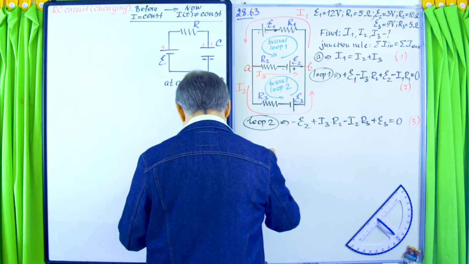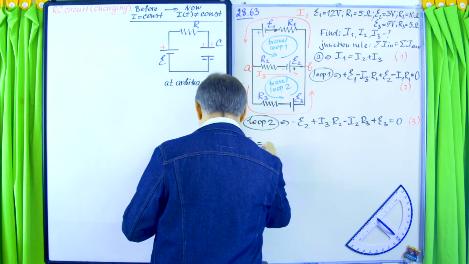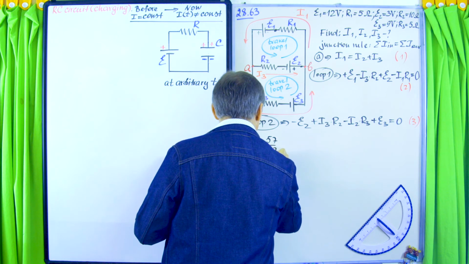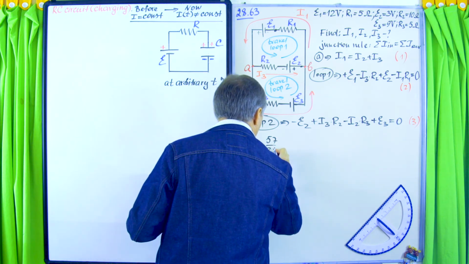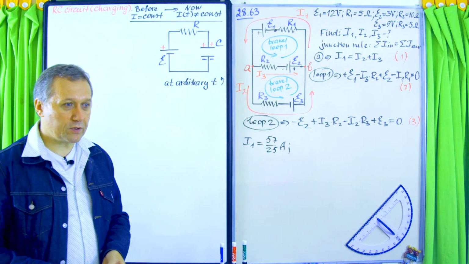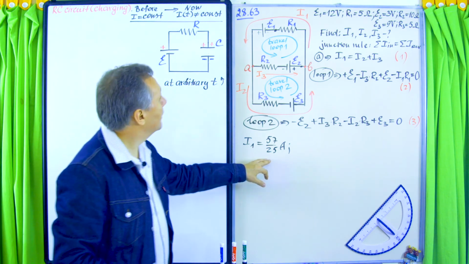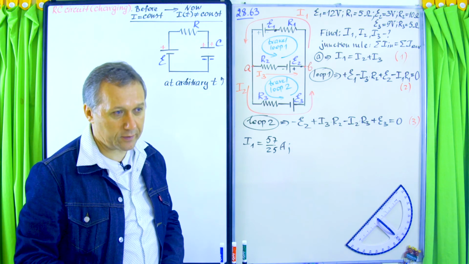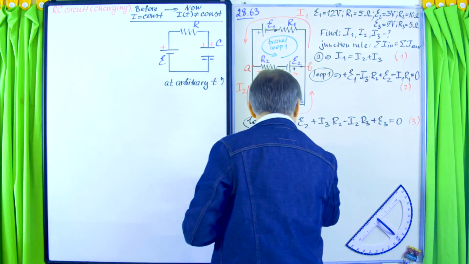Let me start with I1. I1 equals 57 over 25 amps. What does it mean? Current is positive. It means that this is the correct direction for the current I1. Well, good. Now I2.